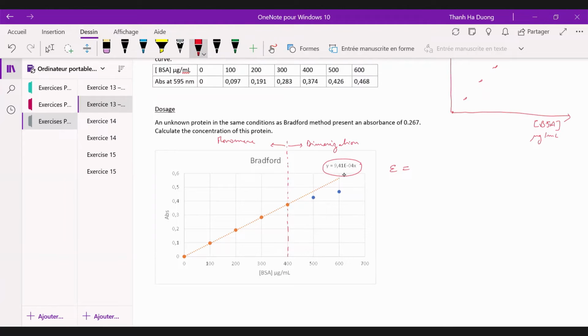So the absorption coefficient is 9.41 times 10 to the minus 4, and the unit will be microgram to the minus 1, because the concentration of BSA is in microgram per milliliter, and centimeter to the minus 1.